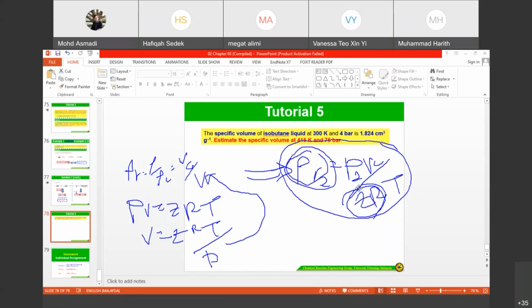So how to determine this Z? Definitely you have to use the Lee-Kessler method.